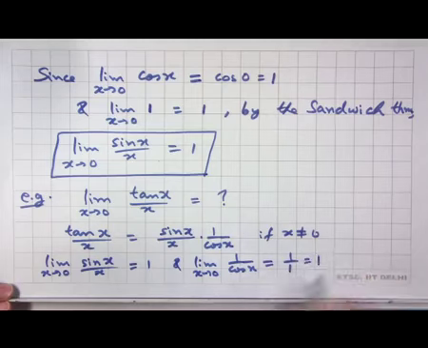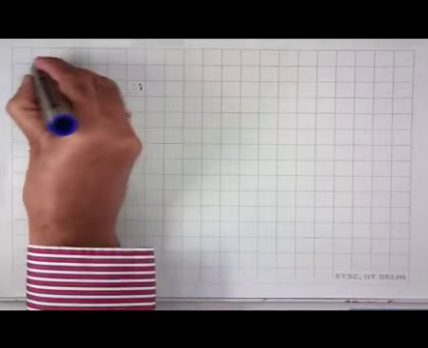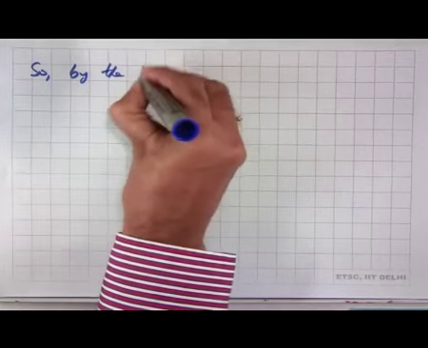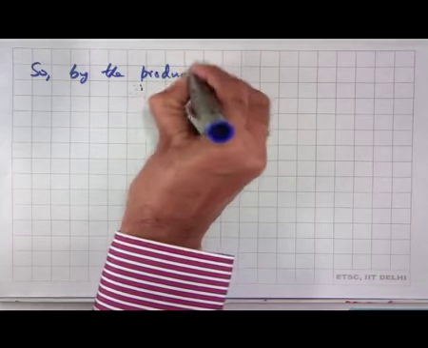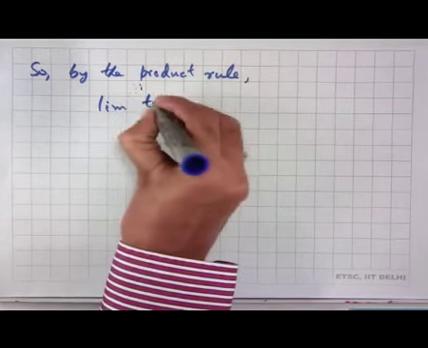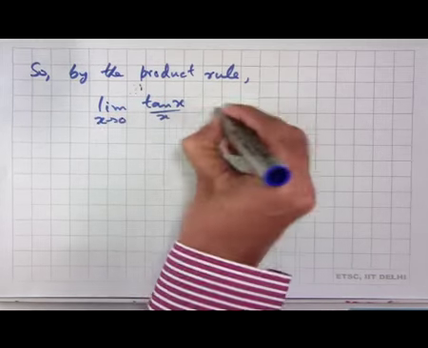So, this is also 1. So, by the product rule, limit of tan x by x is also equal to 1.